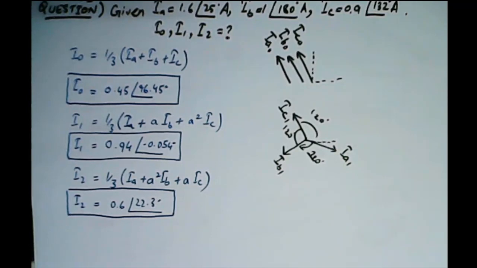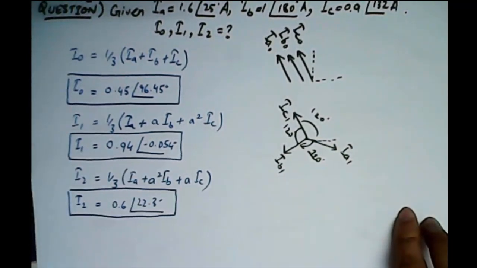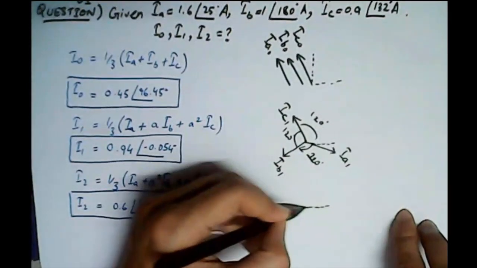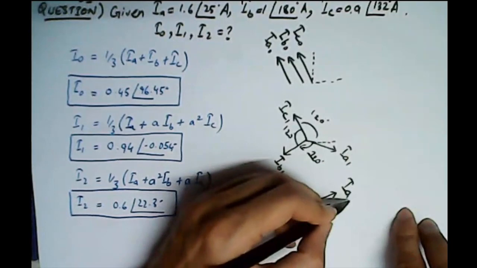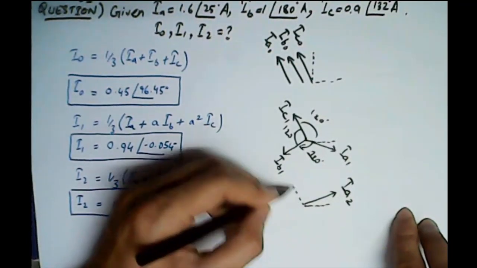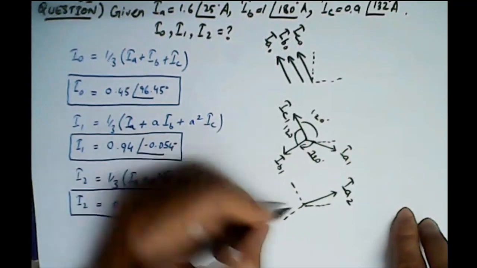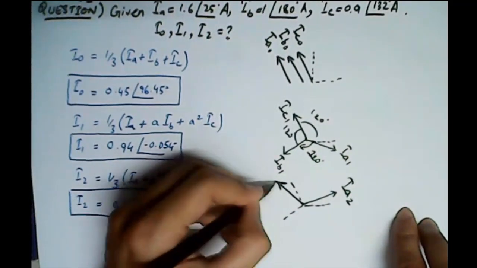The same will be the case for the negative sequence. For the negative sequence, we know the angle is 22.3, so this would be IA2. Ideally, when we have IA2, we have phasors like this, right? All will be displaced and the same in magnitude.